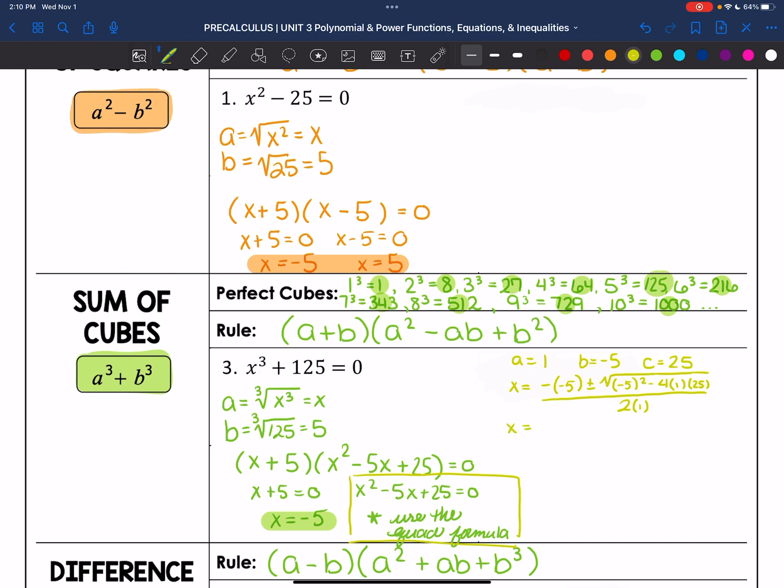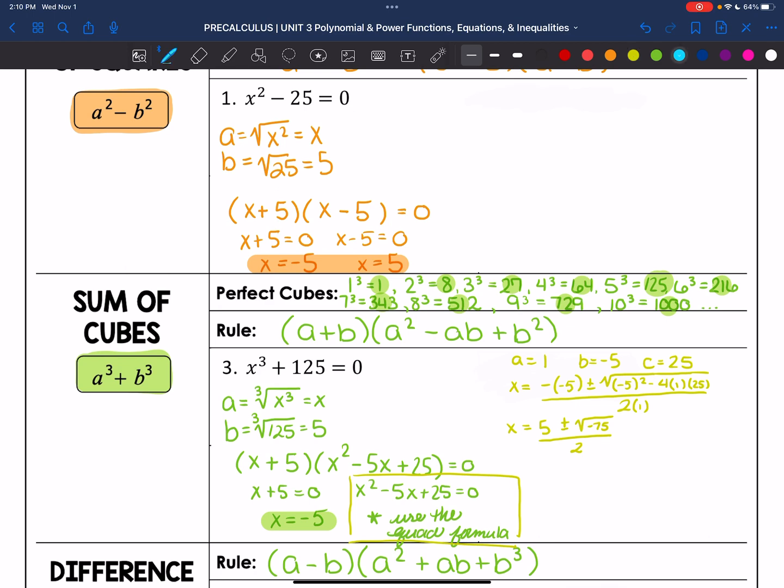Now let's simplify. Opposite of -5 is just going to be a +5 plus or minus. And what is going to be there inside of that radical? Can you figure that out? You should have a -75, and then that's all over 2.